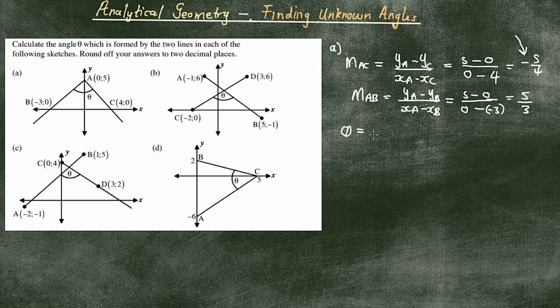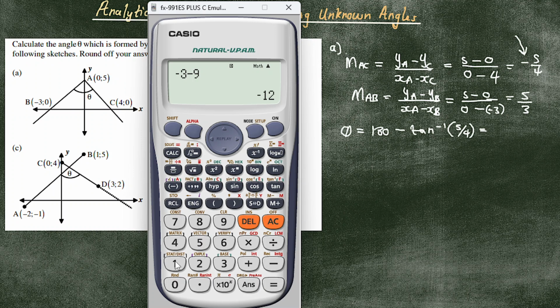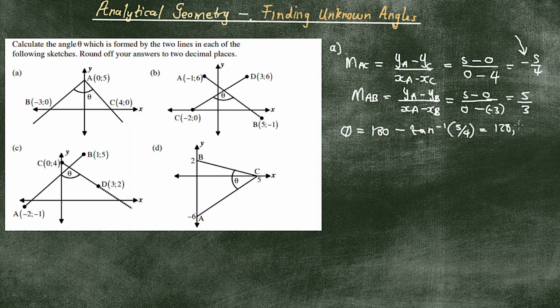I mentioned in that video that if you have a negative gradient, your angle of inclination is calculated as 180 minus arctan of this gradient, but you substitute without the negative sign. So let's do that: 180 minus arctan of 5 over 4, close bracket, equal to 128.66 degrees.